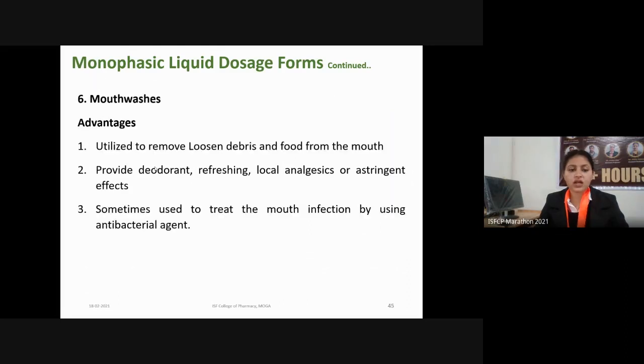Now, what are the advantages of the mouthwashes? Mouthwashes are utilized to remove loosened debris and food from the mouth. They provide deodorant, refreshing, local analgesic, and astringent effects. Sometimes used to treat mouth infection by using antibacterial agents.